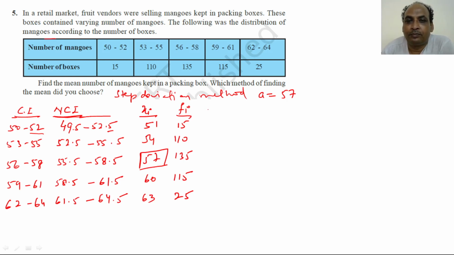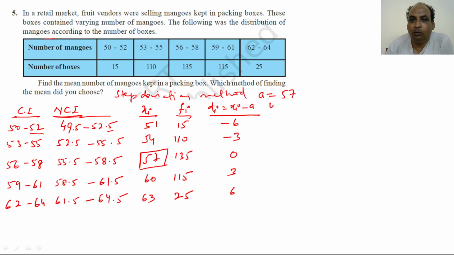So di is equal to xi minus A. So 51 minus 57 is minus 6. 54 minus 57 is minus 3. 57 minus 57 is 0. 60 minus 57 is 3. 63 minus 57 is 6. Okay.